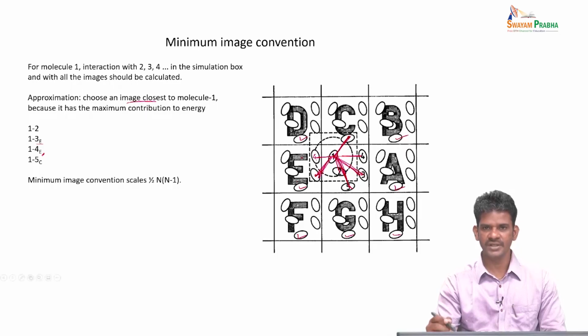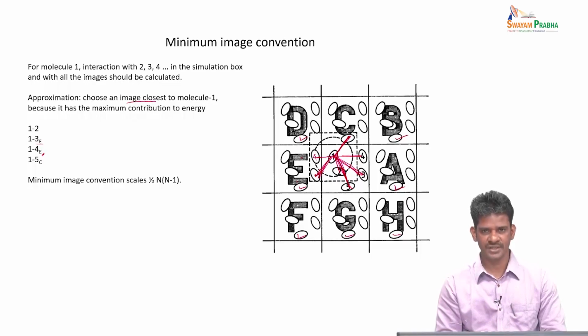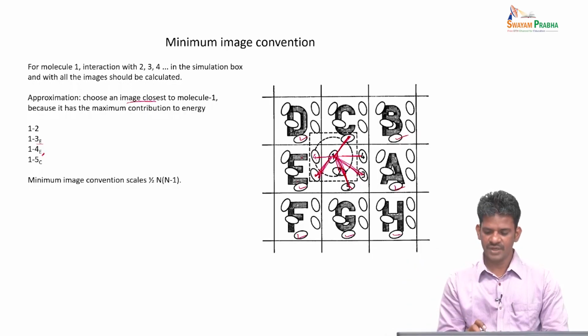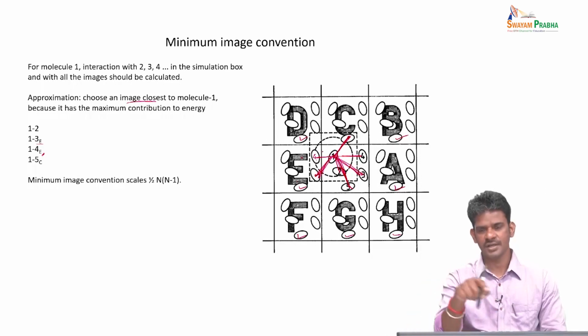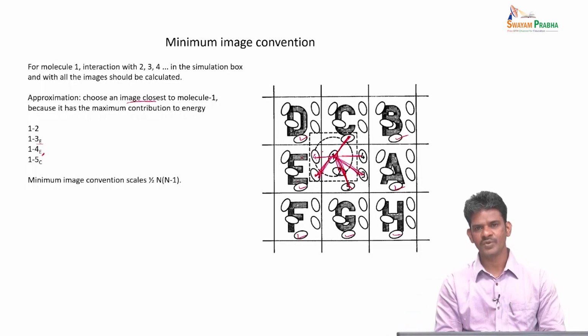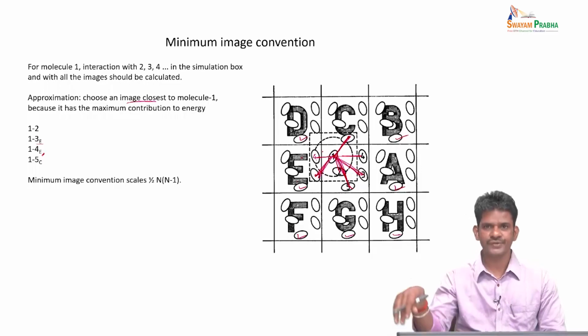The logic behind using the minimum image distance is that the image which is closest to the molecule has the maximum contribution to the interaction energy, more than something sitting far away. So effectively, whenever we find the interaction energy, we take that particular molecule and sum over all the other molecules within the same simulation box, but also the other images.